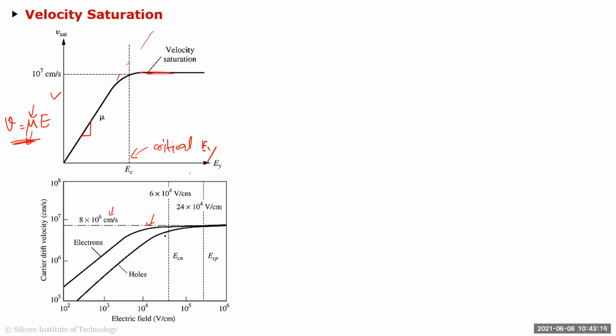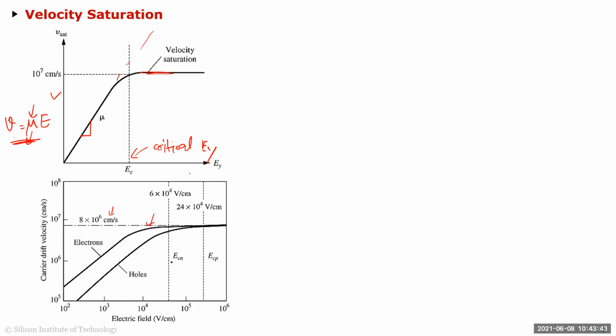Even though the mobility is lower for holes compared to electrons, you'll see in shorter channels, it's a 4:1 ratio or a 3:1 ratio. But since the velocity saturates faster, you'll see that for smaller nodes like 65 nanometer, 90 nanometer, and so on, the ratio is not 4 anymore. It's close to 2 now because of this velocity saturation.